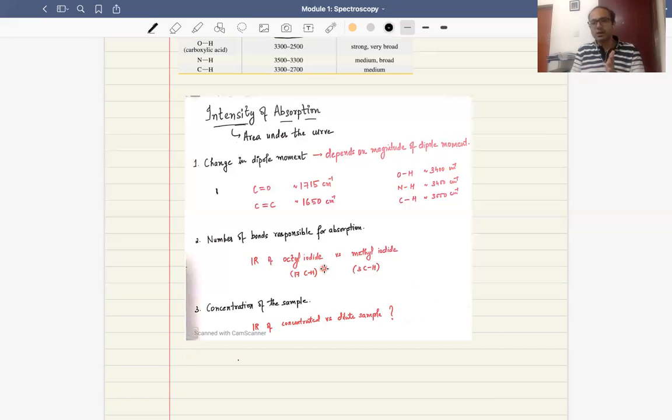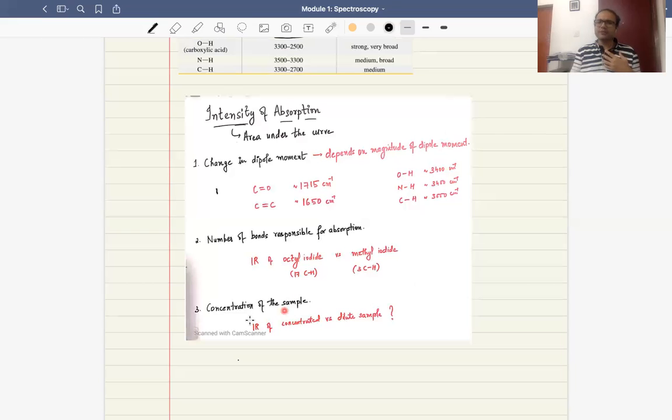So they will add on, and therefore the intensity appears much bigger for octyl iodide in comparison to methyl iodide. So another factor on which the IR intensity depends is the number of bonds contributing to that particular peak. If there are more bonds present, it would make the peak more intense.